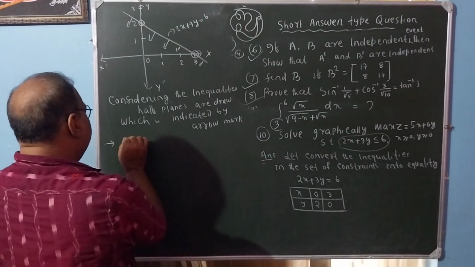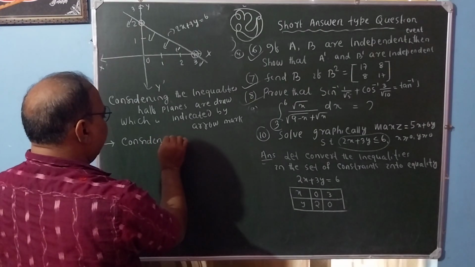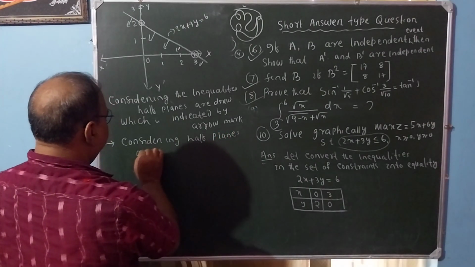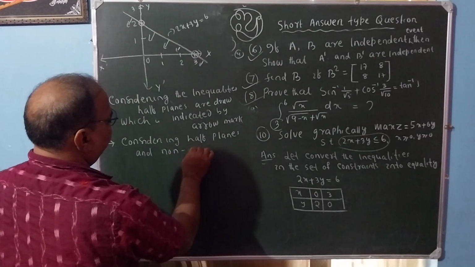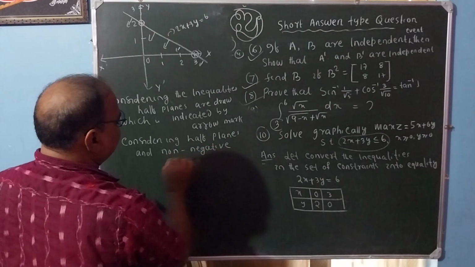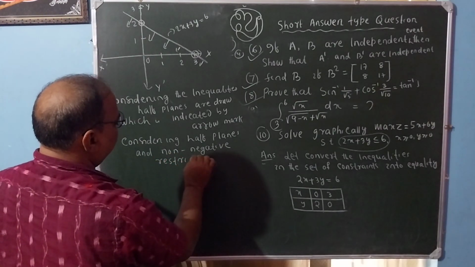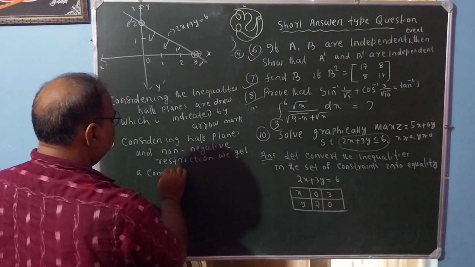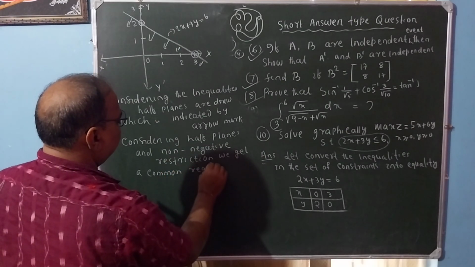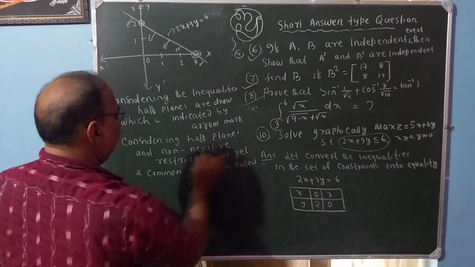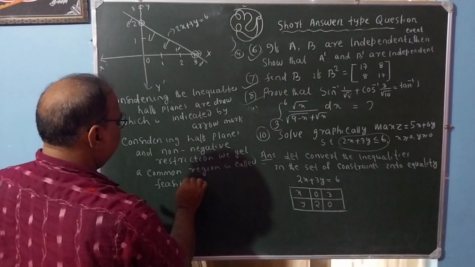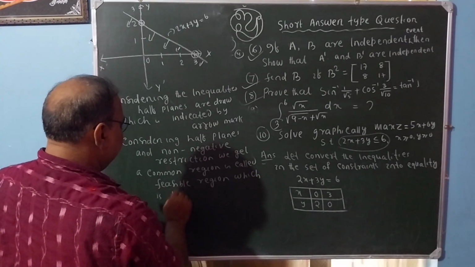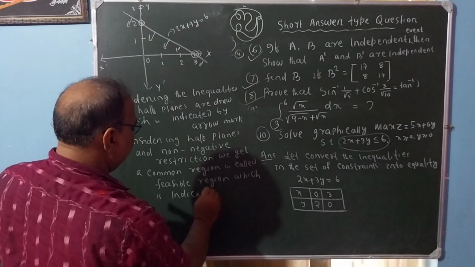Okay? Next step. Considering half planes and non-negative restrictions, we get a common region called the feasible region, which is indicated by shading.